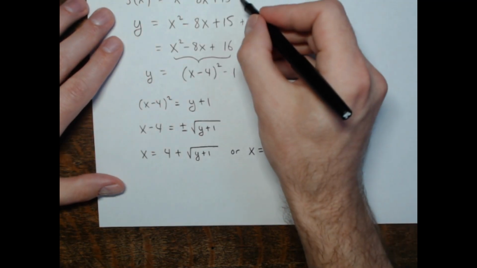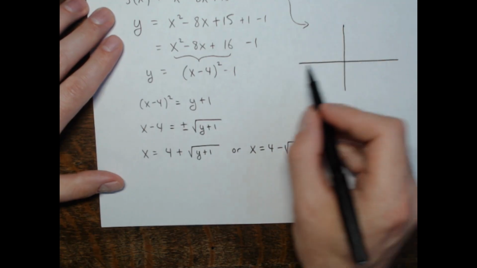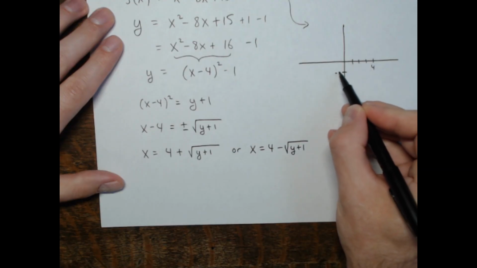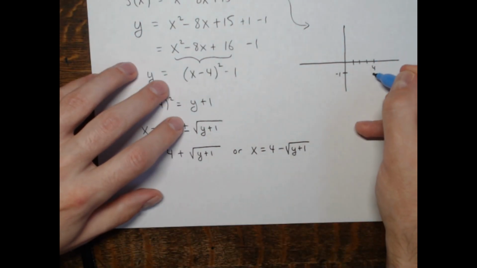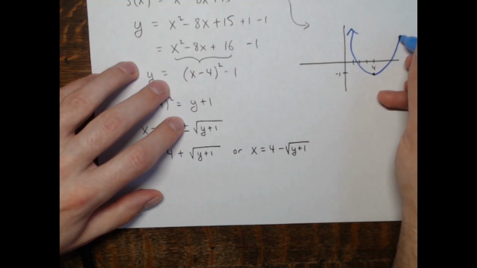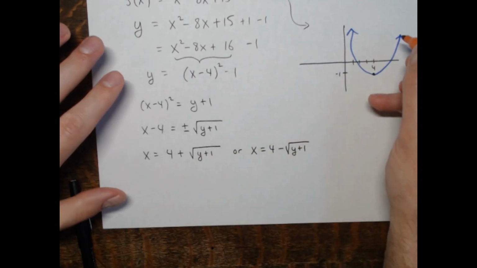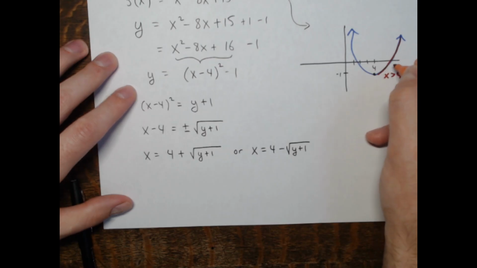Now, let's think about the graph of this. So again, this has the vertex 4, -1, and it looked like this, right? There was this curve here, whoosh, whoosh. So on this part of the curve, the x coordinates are greater than 4.